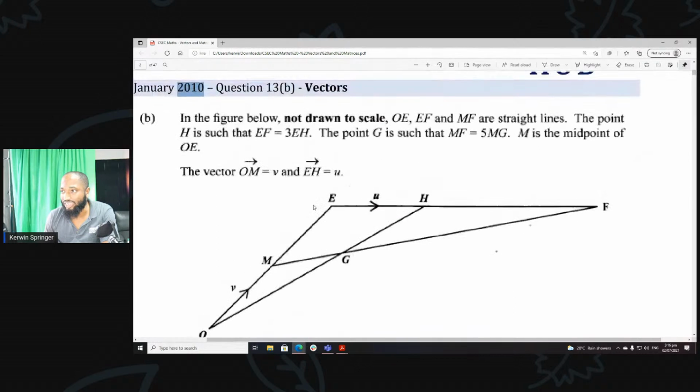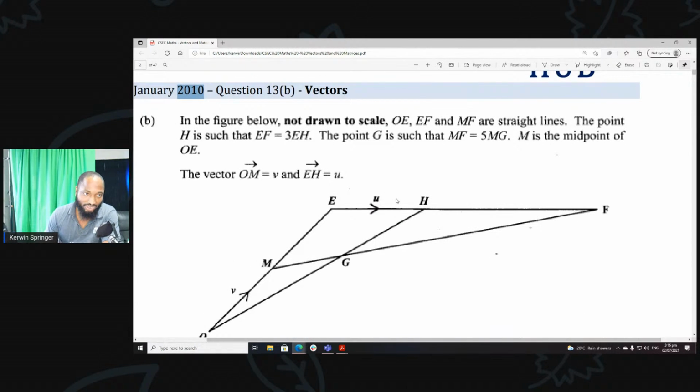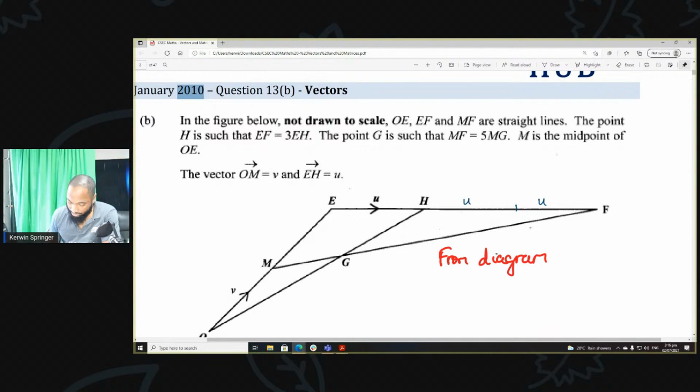We want to find HF. HF is an easy thing, because this is split into 2 and there's another U there and another U there. From the diagram, using our thinking caps, H to F must be 2 of E to H, which we already know.